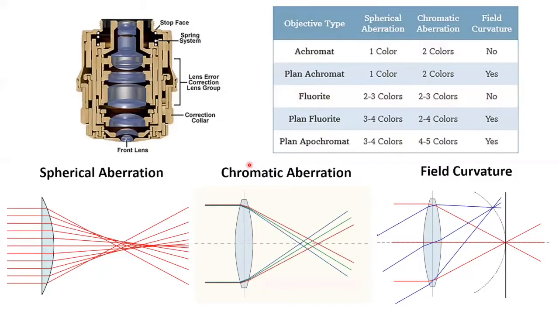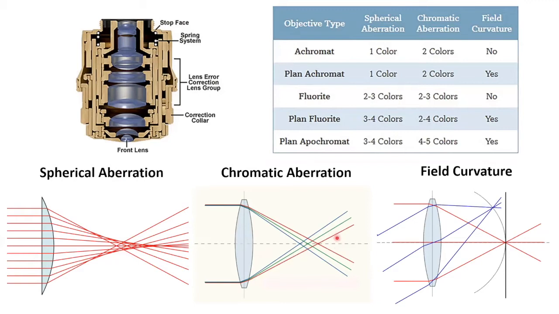And if you cut through an objective, you're going to find there's a series of lenses in it. Why it's so complicated is because it's necessary due to the property of light. When light passes through a convex lens, even the same color of light will focus at different focal points due to the curved shape and different thickness of the lens.